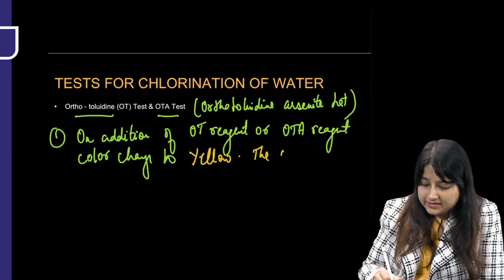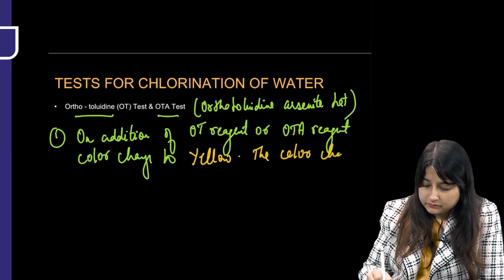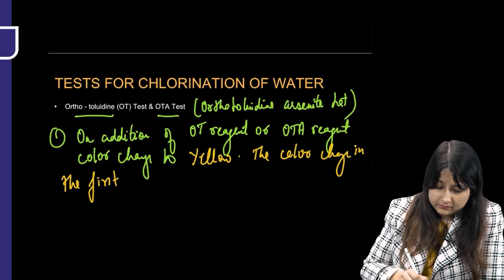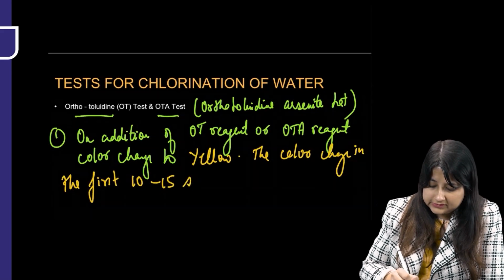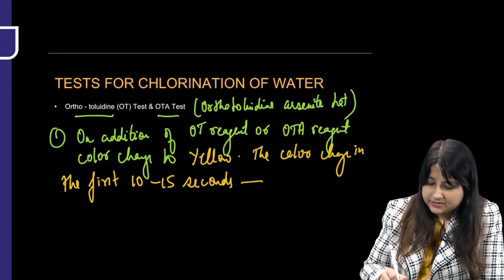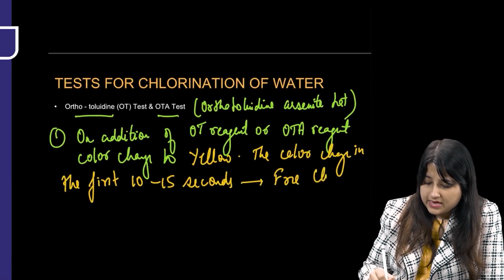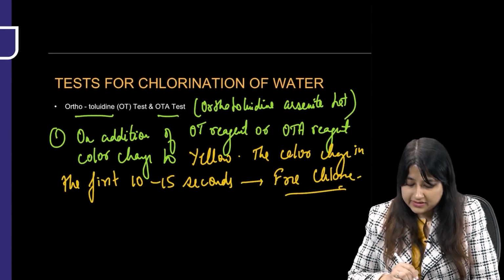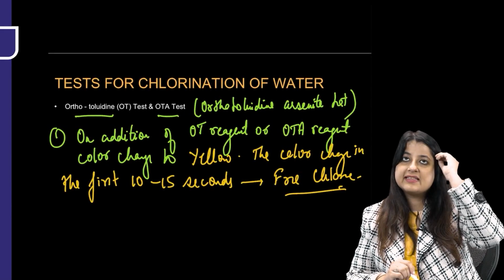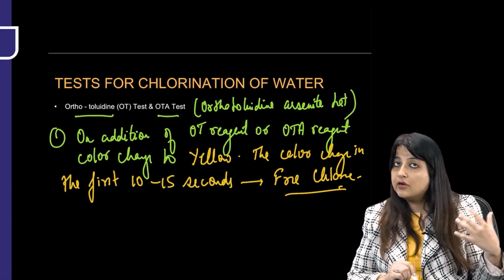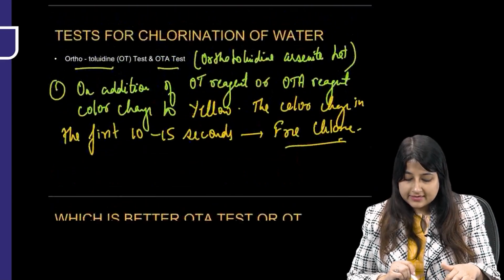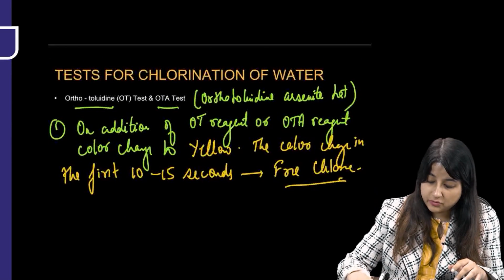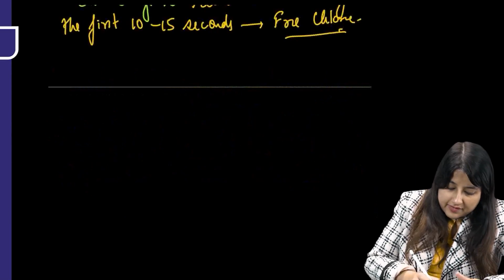So, the color change in the first 10 to 15 seconds is what is free chlorine. After that, it is due to the effect of both free and combined chlorine. So, in the first 10 to 15 seconds, the color change that we see, yellow, is due to free chlorine.